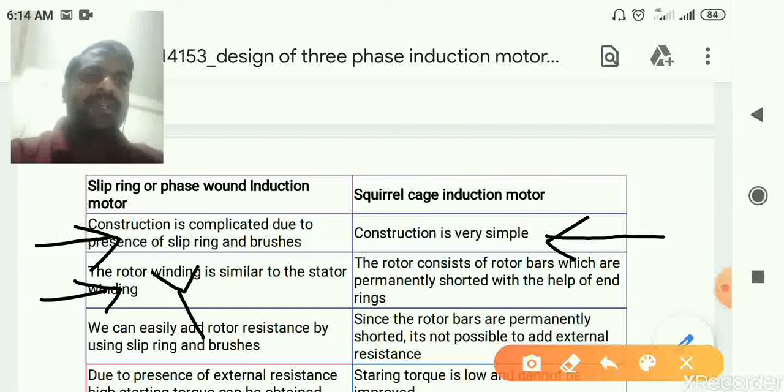But the rotor of the three-phase squirrel cage induction motor is permanently shorted. The bars housed in the slots are permanently shorted with the end rings.